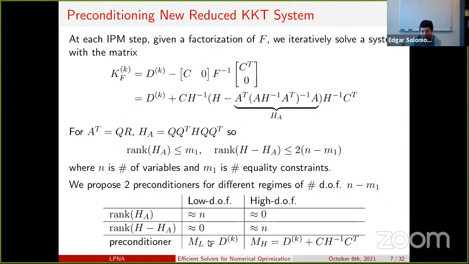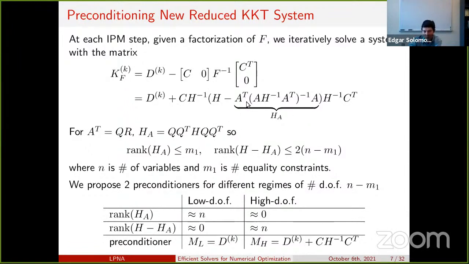The basic preconditioner we'll propose will simply be this diagonal matrix, which has to be positive definite, so it's invertible. The more non-trivial preconditioner has to do with the case when H minus H_A is relatively high rank, and we want to keep the H_A component.